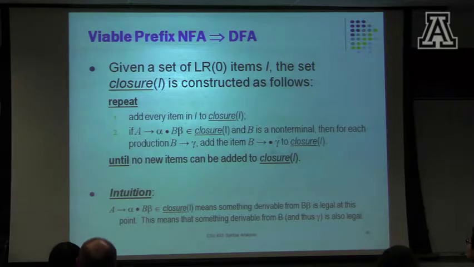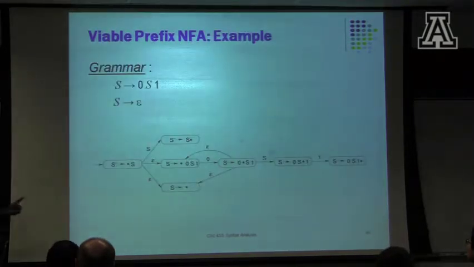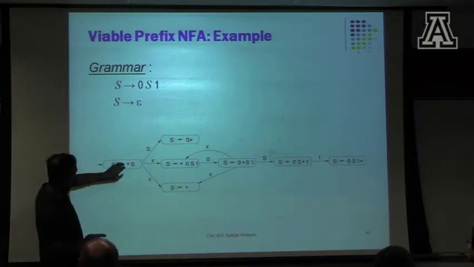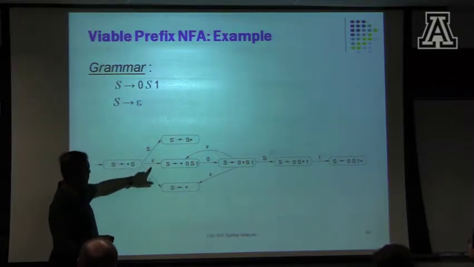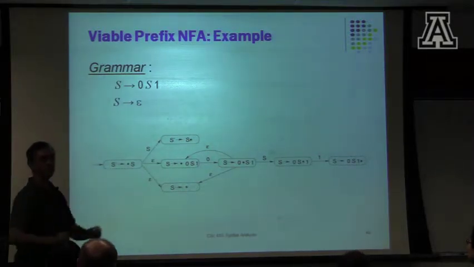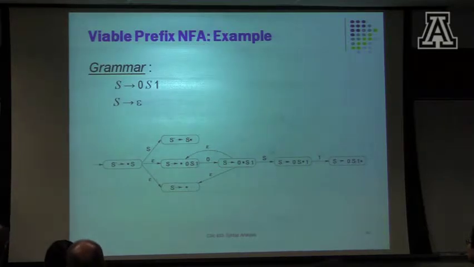I'm going to have two sets of functions. One set of functions will say, starting from a given state, a set of items, if I take just epsilon transitions, what set of items can I get to? In the subset construction, that's called an epsilon closure.